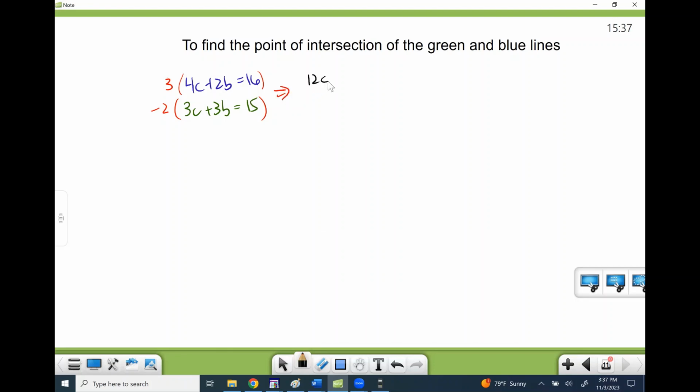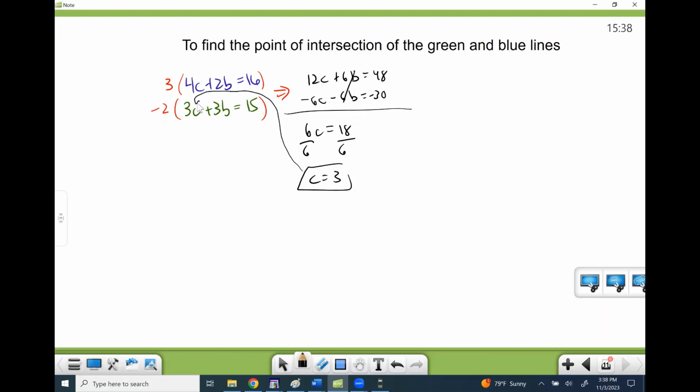So here are the resulting equations. We've got 12c plus 6b equals 48. -6c minus 6b equals -30. 6c equals 18. Divide by 6. You got c equals 3. Now take c equals 3 and plug it into your favorite equation.